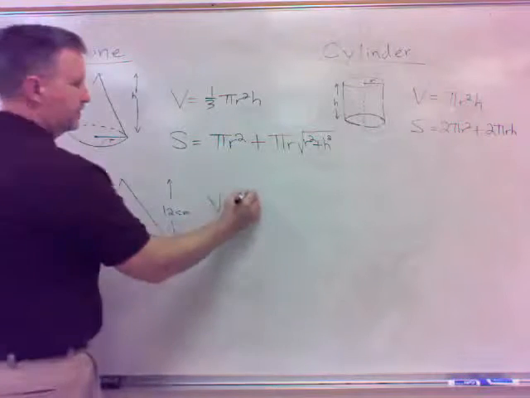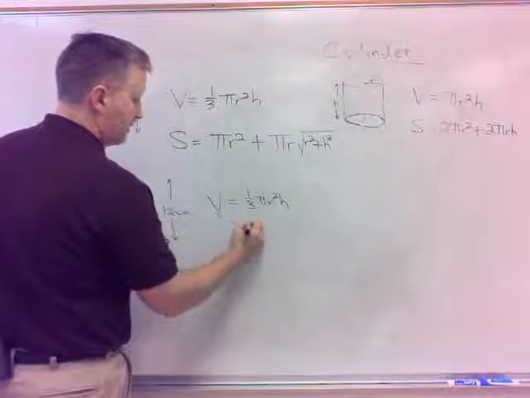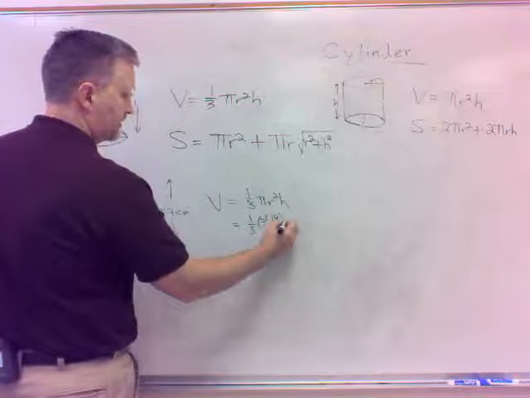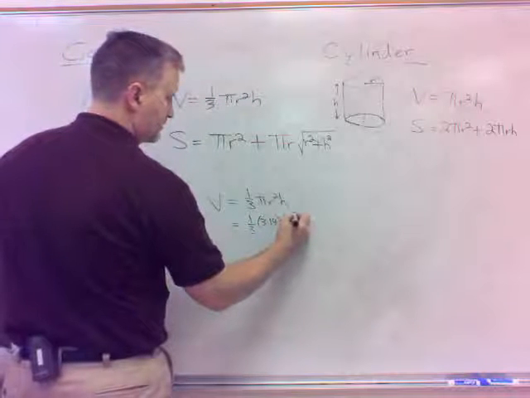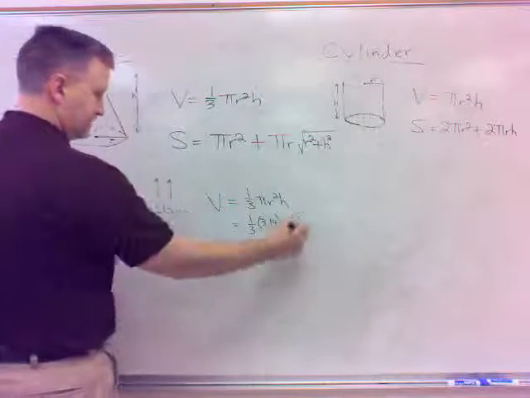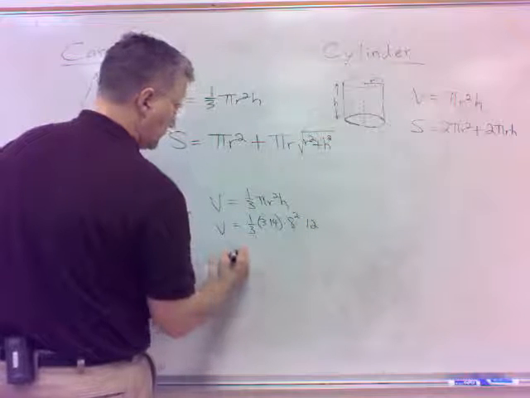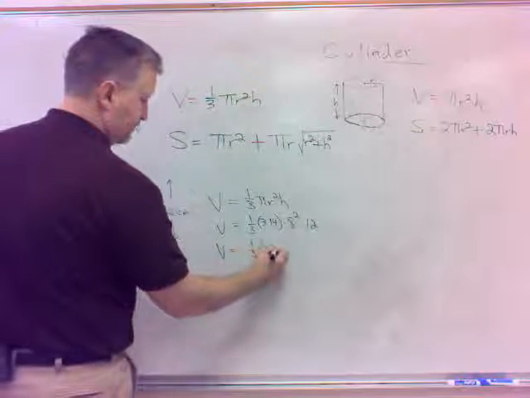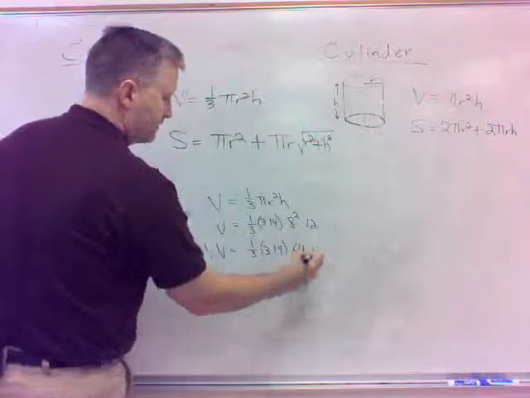Volume is 1/3 pi r squared h, so that would be 1/3. Pi, well, of course, we can use 3.14. Radius is 8, so it would be r squared. So we square 8. Height is 12, and then multiply that by 12. So 1/3 times 3.14, 8 squared is 64, multiply that by 12.